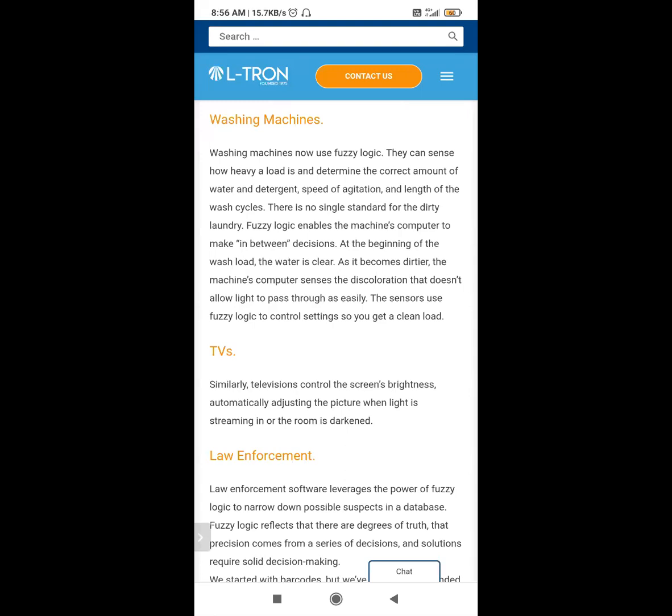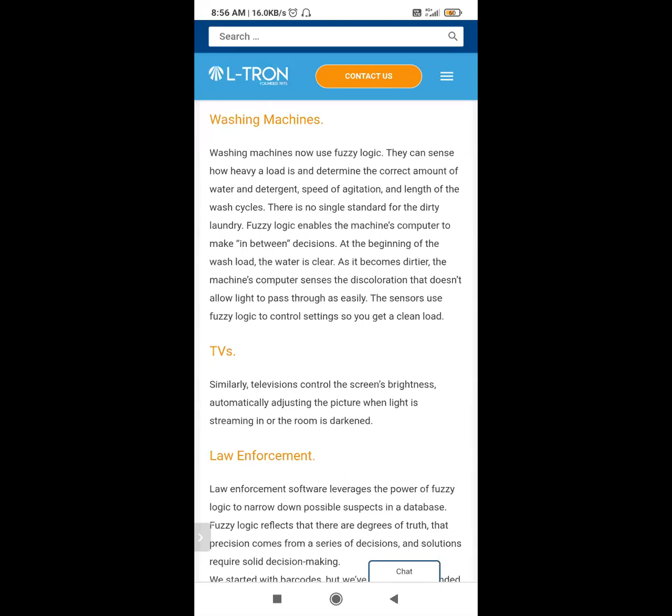Next, with how much speed the washing machine is to rotate, how many wash cycles it has to do, and for how much length of time it should wash the clothes. All this will be inbuilt in the washing machine, based on the mode we have selected.